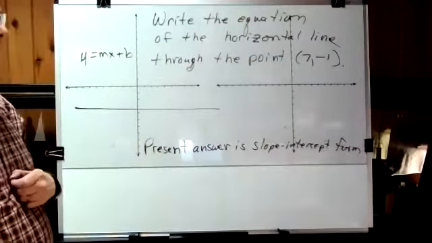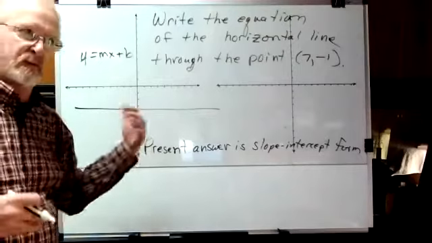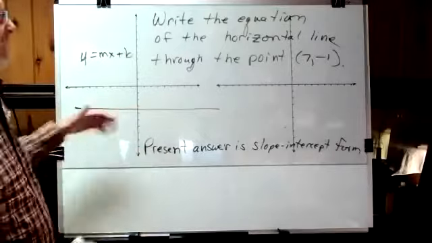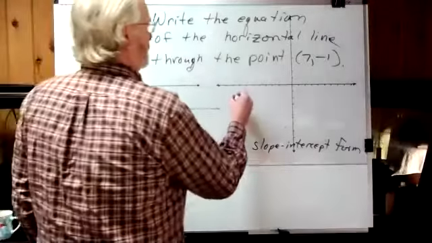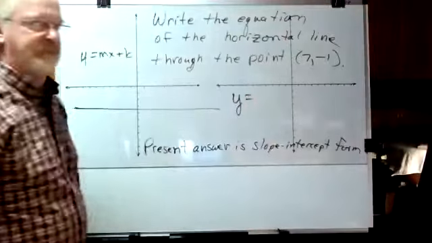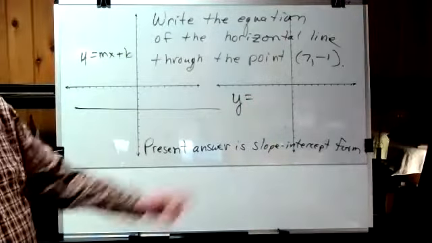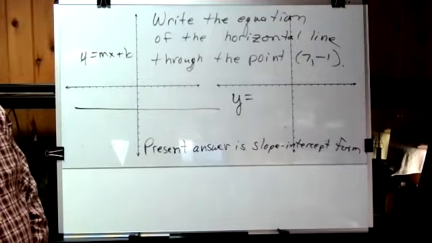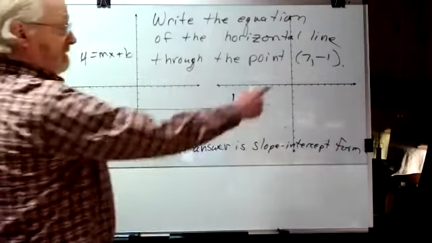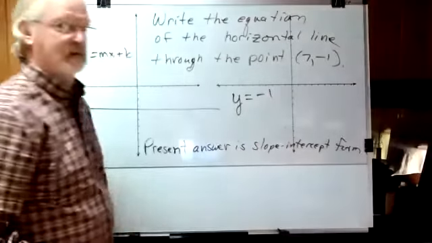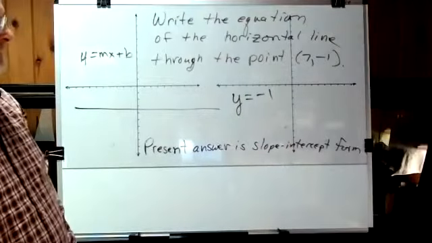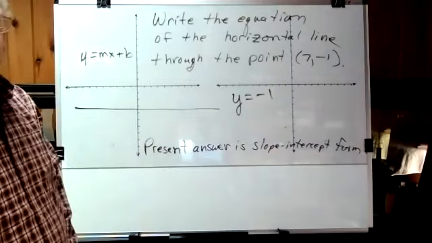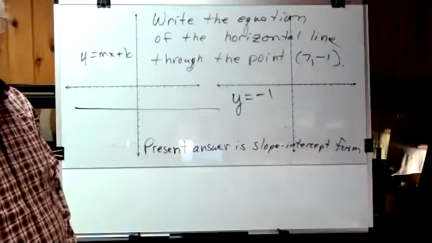If you're thinking it through, which part's always the same? It's always the y. So this answer is going to be y equals something. If it's going through that point and y is always the same, what's that y value going to be? -1. If it's going through that point and it's horizontal, it's always -1, no matter where else the x value might be.